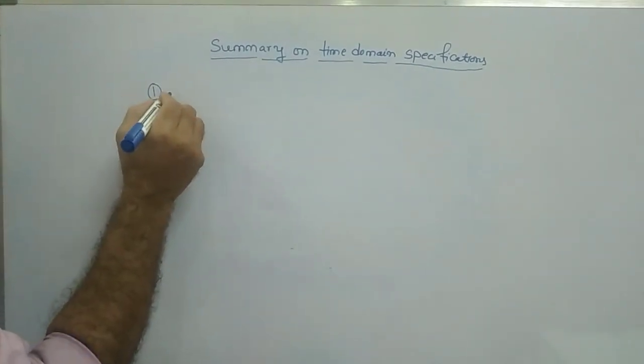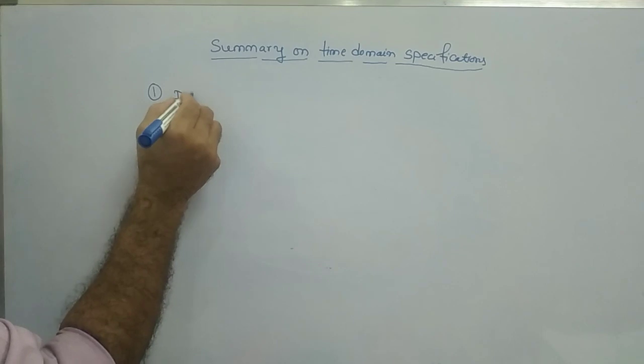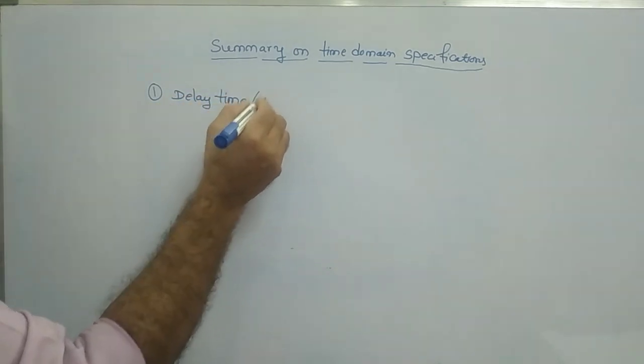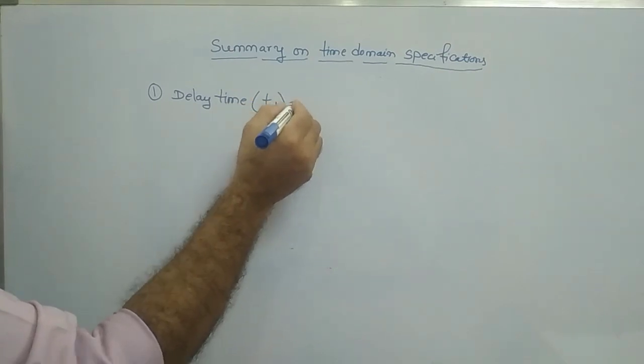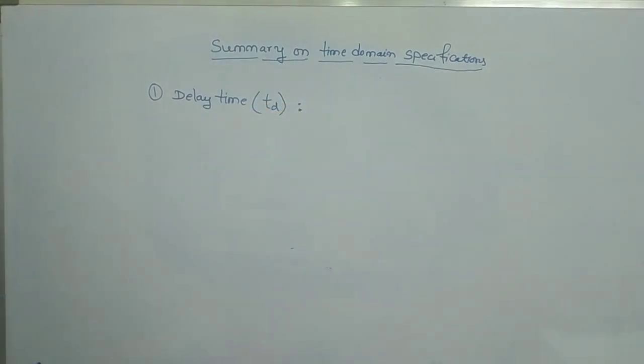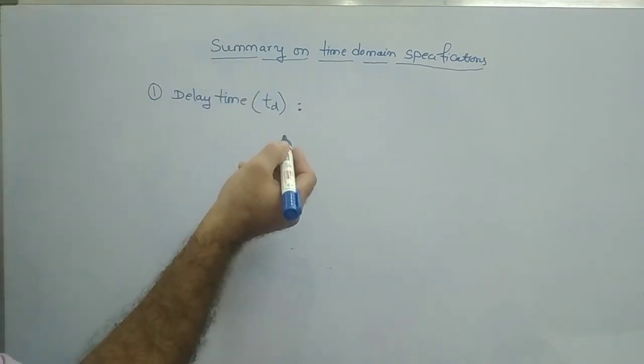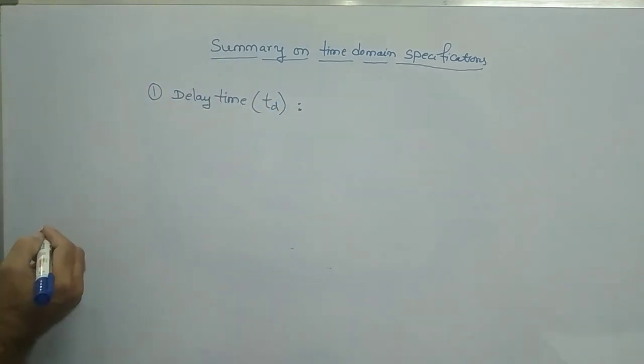First one is the delay time. We have seen the delay time, it is T suffix D. Delay time is the time required for the output to reach 50% of its final value. That is the definition.